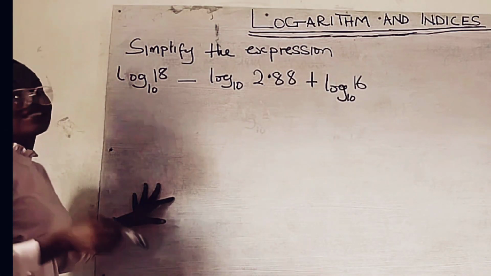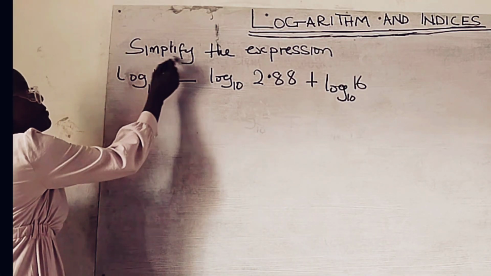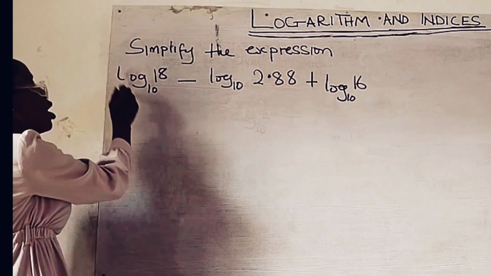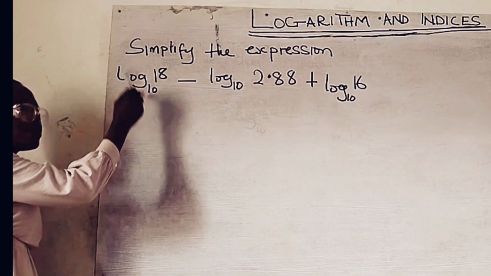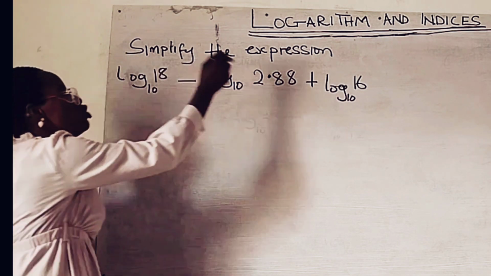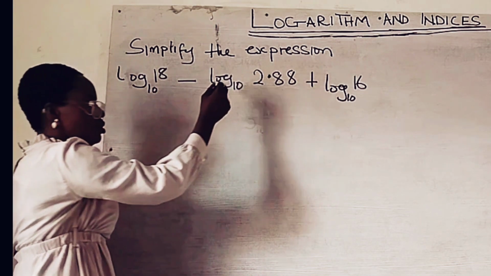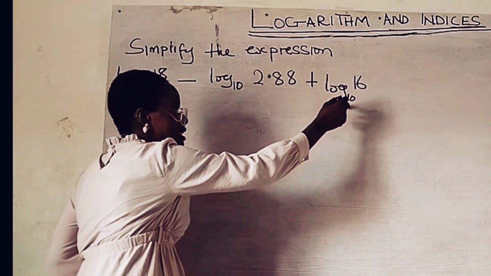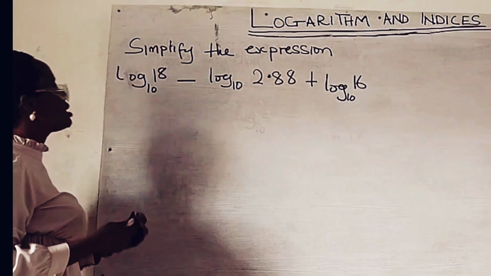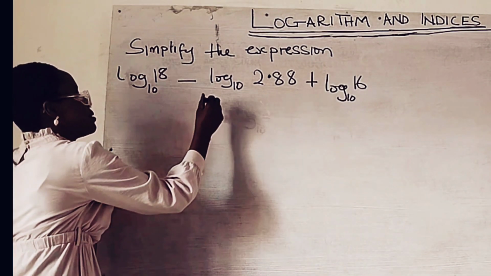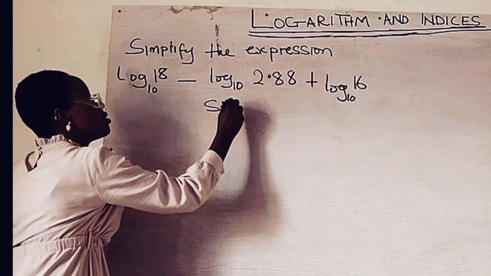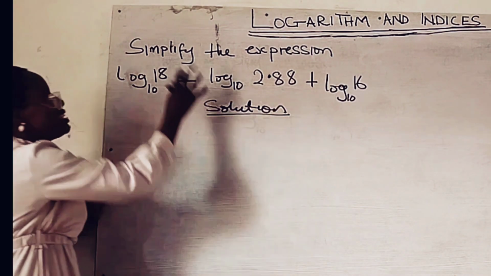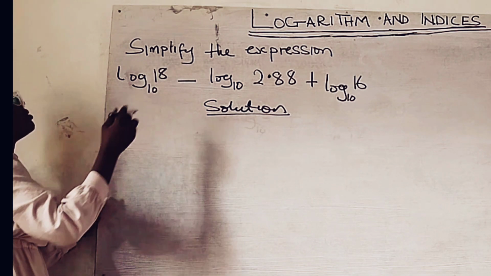Let's take the question. The question says, simplify the expression log 18 base 10 minus log 2.88 base 10 plus log 16 base 10. Write my solution as usual. And I carry the numbers down.